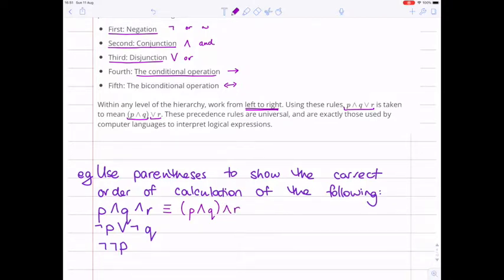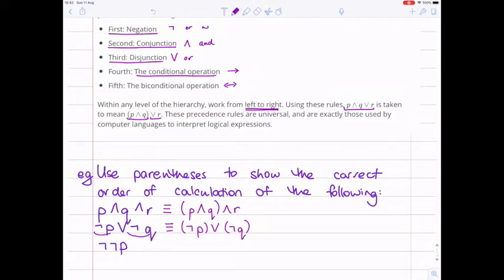Now if we have a look at the second one, we've got nots coming in, so those have to happen first. So you work not P and not Q, and then you combine them with your disjunction, or.